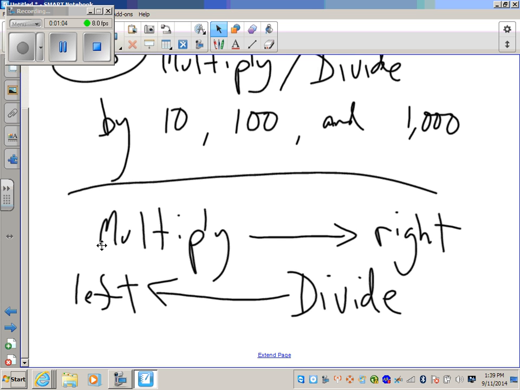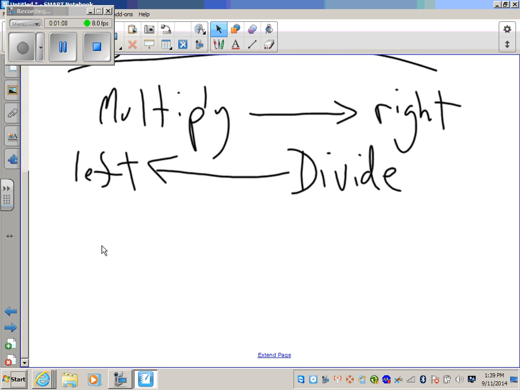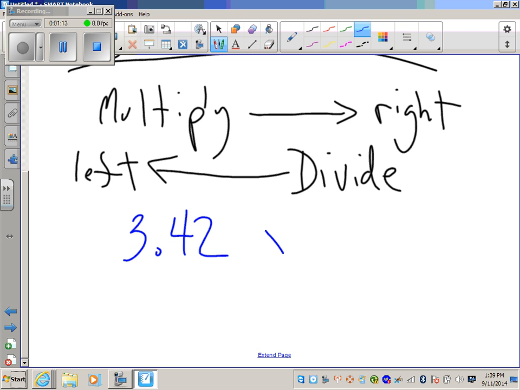For example, if you had 3 and 42 hundredths, and we were going to multiply by 100, we can figure this out in our heads.